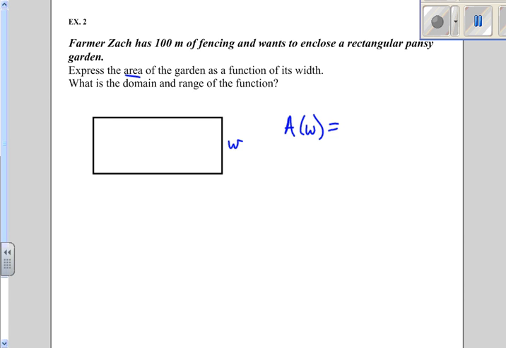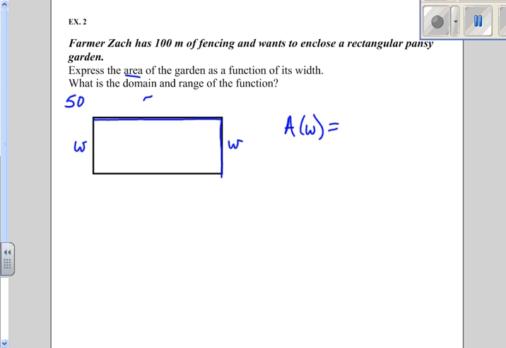I'm going to call the width w. It means there's another w over there. If I have 100 meters of fencing, I have 50 of it that can go along the top and along the width. The other two sides would also give me 50 meters of fencing.